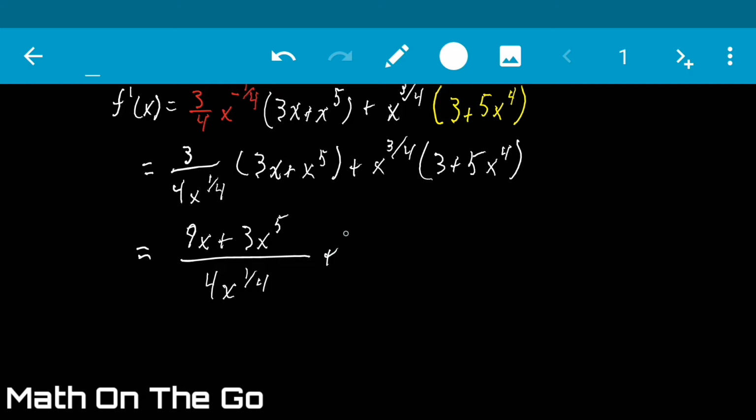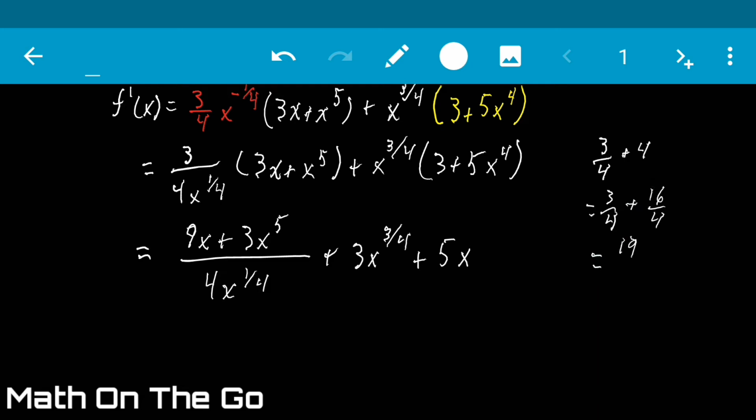So we end up with 3x to the 3/4 plus 5x to the... well, let's see. We have 3/4 plus 4, which equals 3/4 plus 16 over 4, which equals 19 over 4.